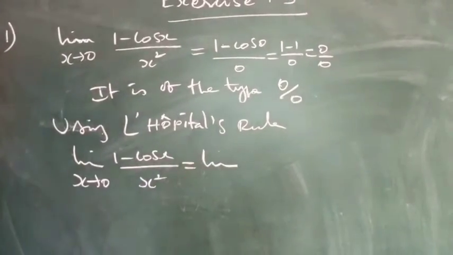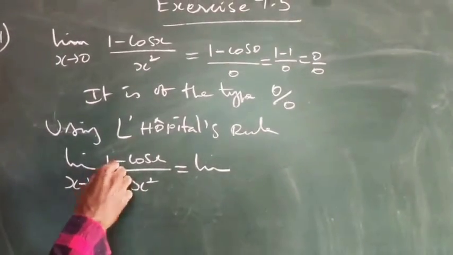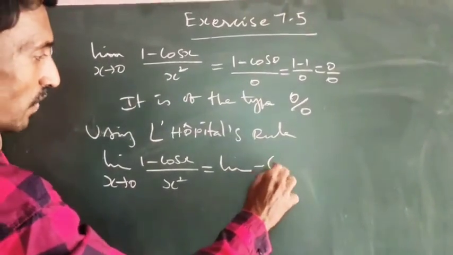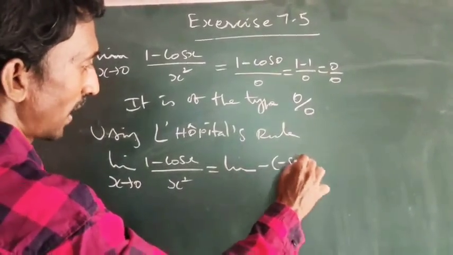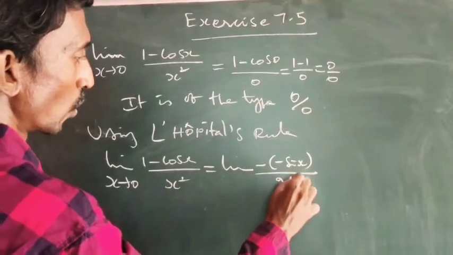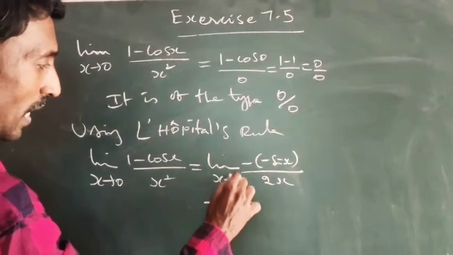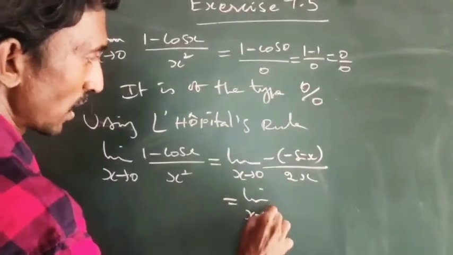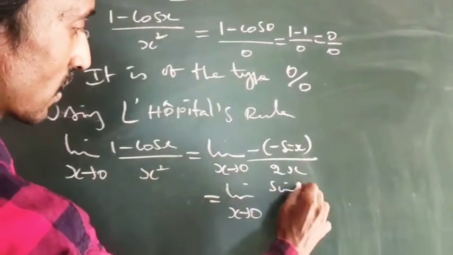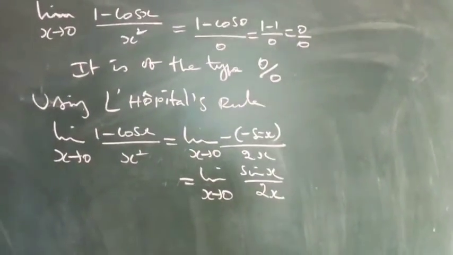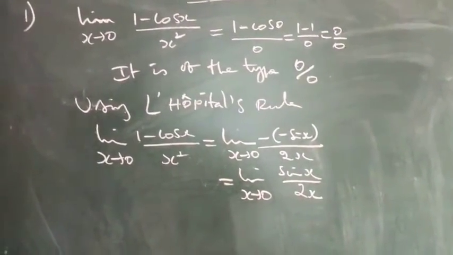Limit x tends to 0, (1 minus cos x) by x square can be written as limit of the derivatives. Differentiation of 1 is 0, minus differentiation of cos x, minus sin x, by 2x. Differentiation of x square is 2x. So it can be written as limit x tends to 0, sin x by 2x. Again put x equal to 0.